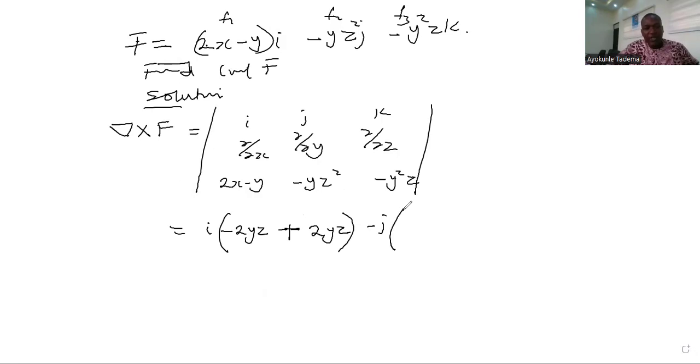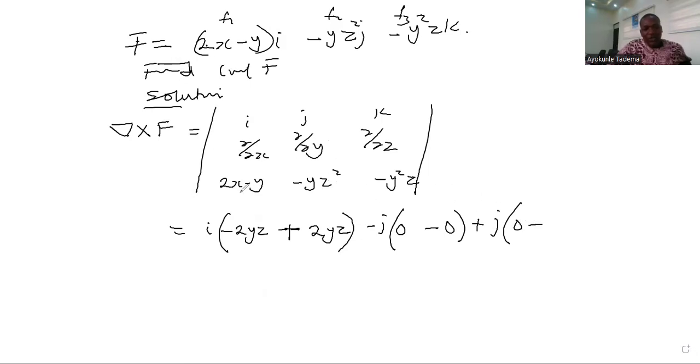Minus j, open bracket. You cover this, you cover this. This one multiplied by this, you differentiate it with respect to x, which is 0. Minus. Differentiate this one with respect to z is also 0. Plus k into, you cover this, you cover this. Differentiate this one with respect to x, you have 0.